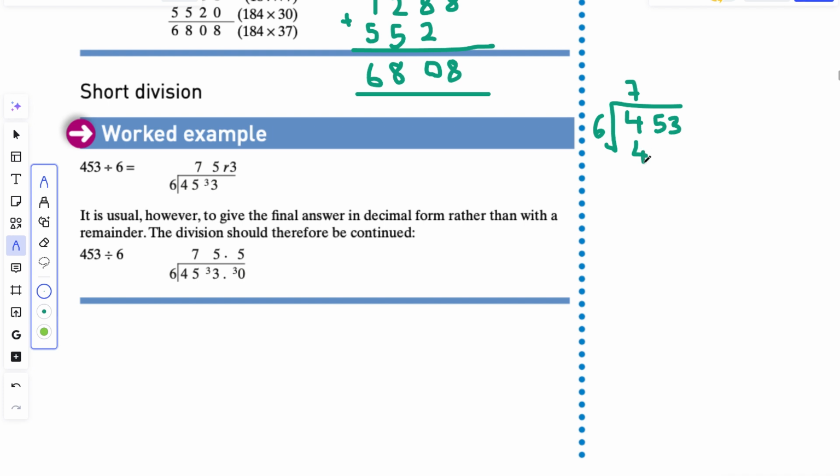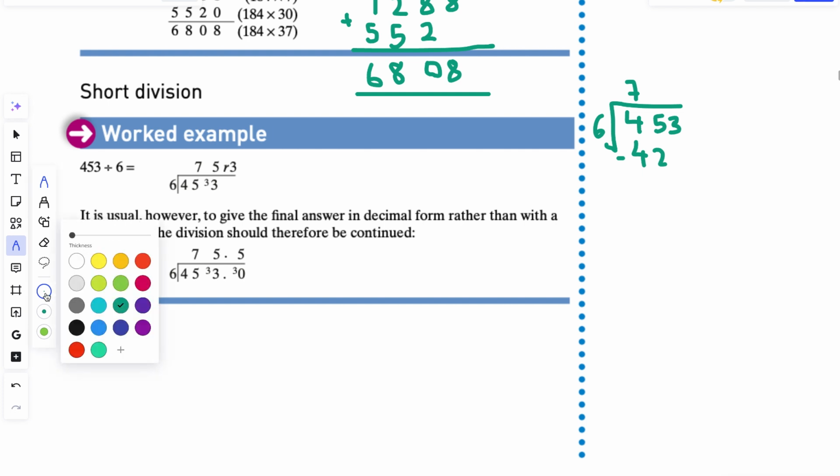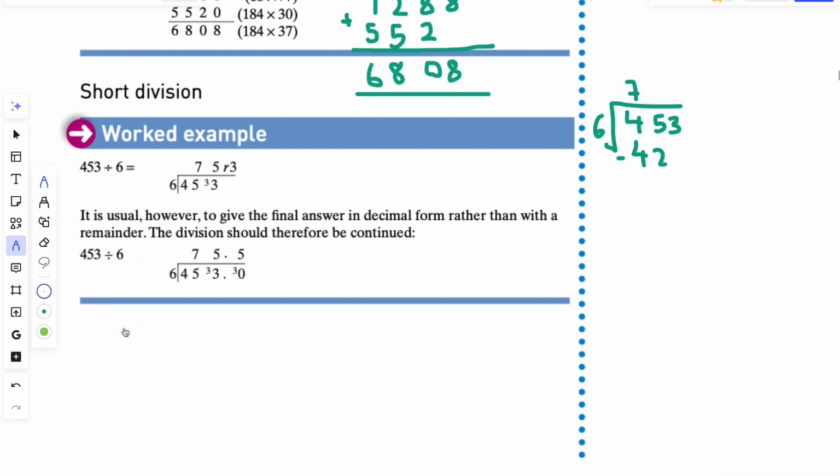Then you subtract. 45 minus 42, you get 3, right? You get 3 left. Now that 3 that is left is smaller than 6, so you bring this one down to join it. It becomes 33.